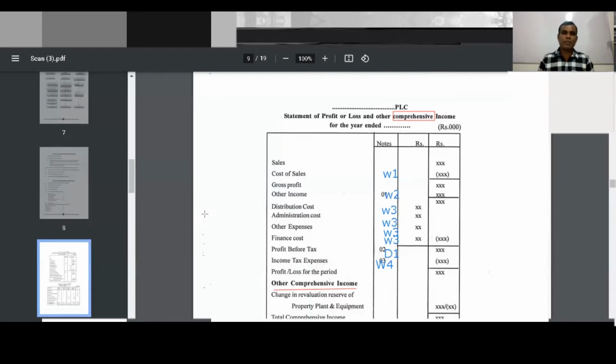Now, for example, just try to understand, you purchased a land 10 years before for 1 lakh. Normally you know that land value is increasing day by day.